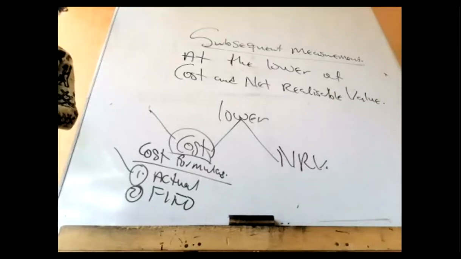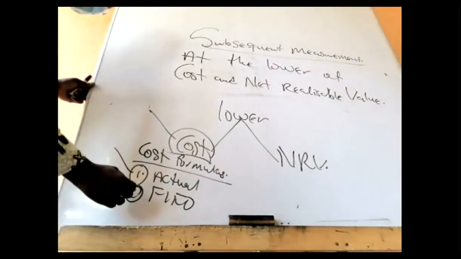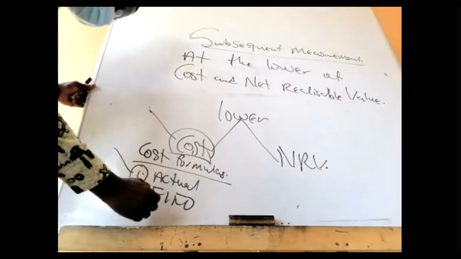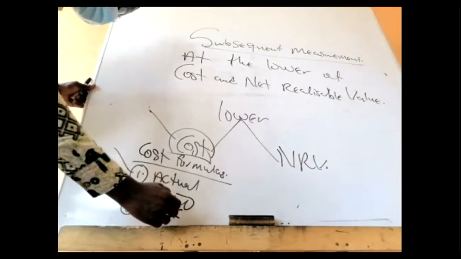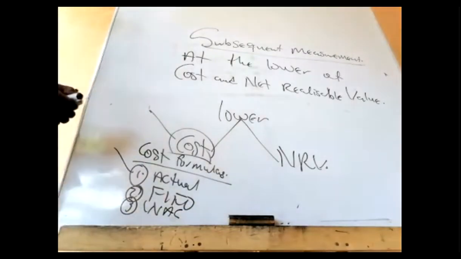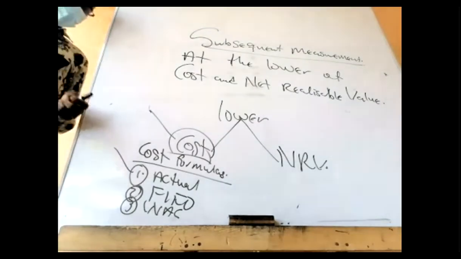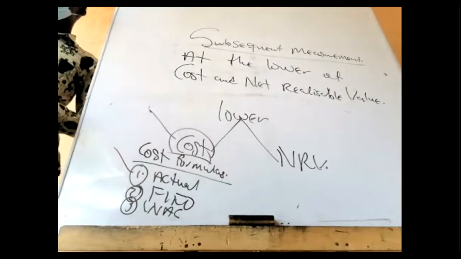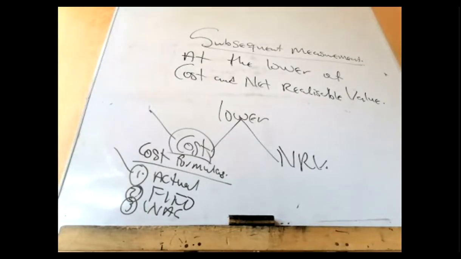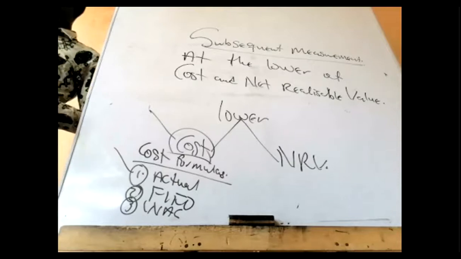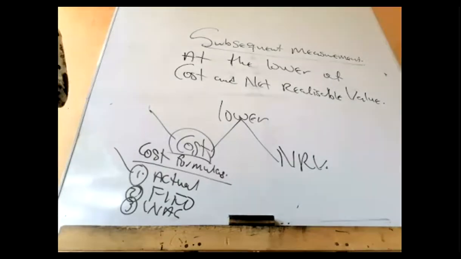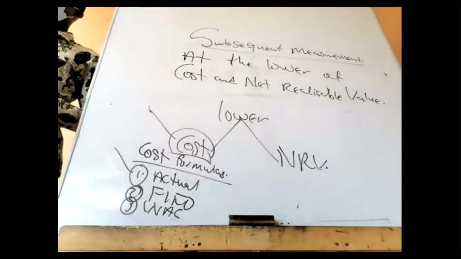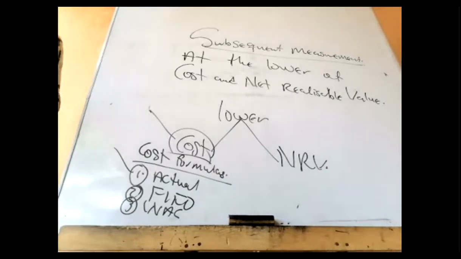The next one, you can also use what you call the weighted average cost method. You can also use what you call the retail method, or the retail inventory, especially if prices are going high and they change often.